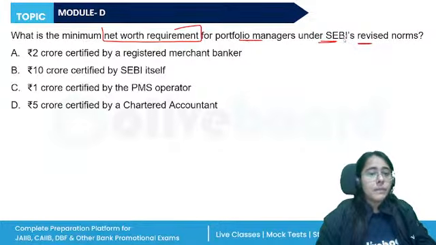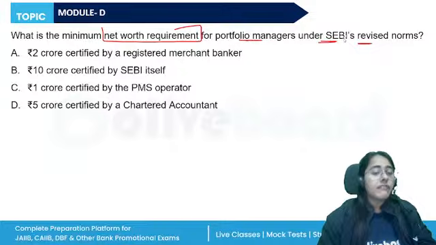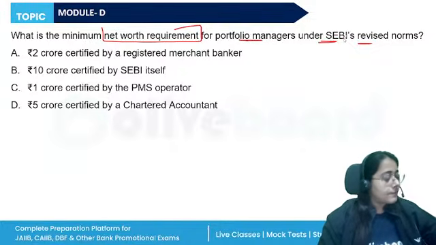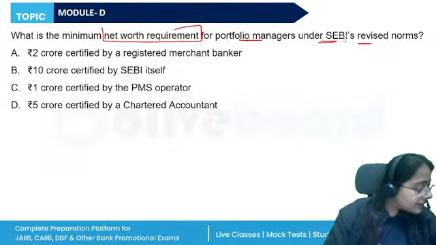What is the minimum net worth? 2 crores certified by the registered merchant banker, 10 crores certified by SEBI itself, 1 crore certified by the PMS operator, 5 crores certified by the chartered accountant. Only Prince is answering. Prince?